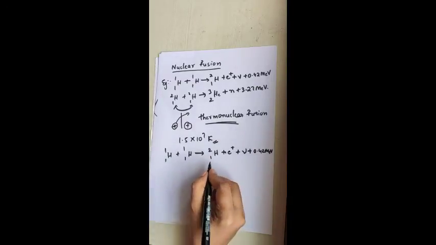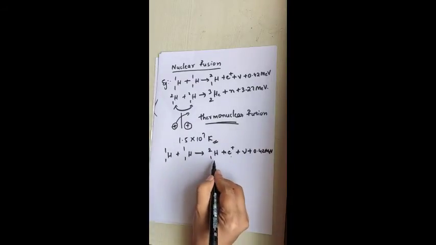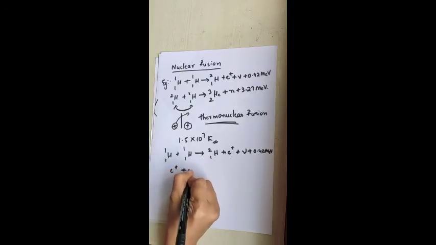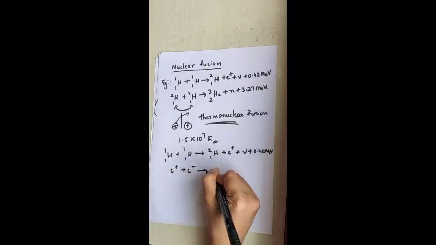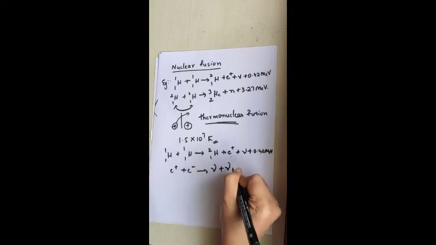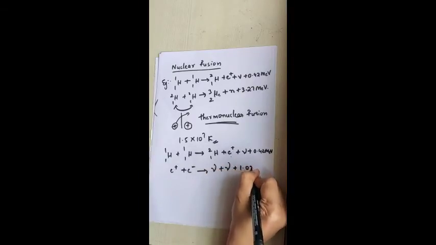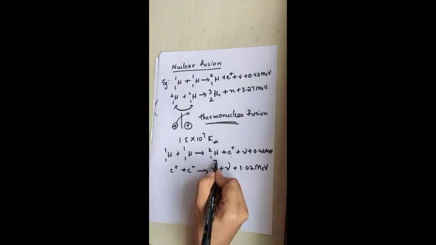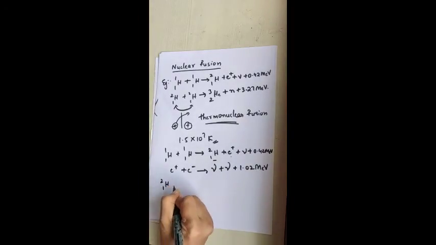Also here we get two products, one is the positron and one is the deuterium. This positron combines with an electron and gamma photons are released and 1.02 mega electron volt of energy is also released.